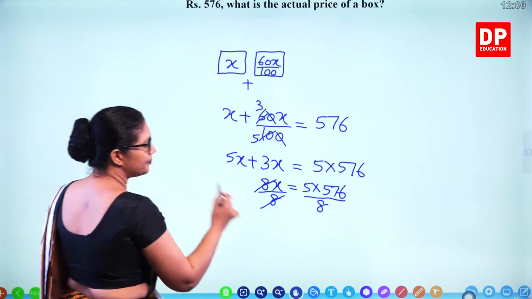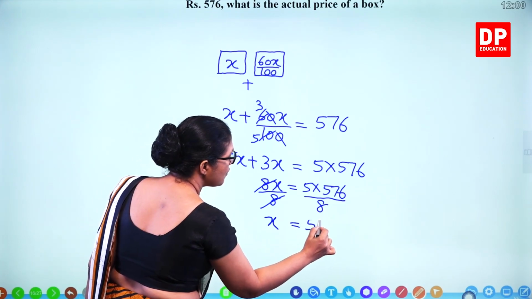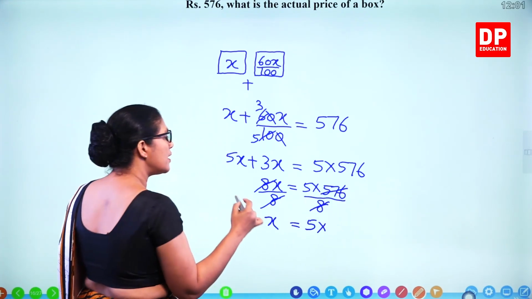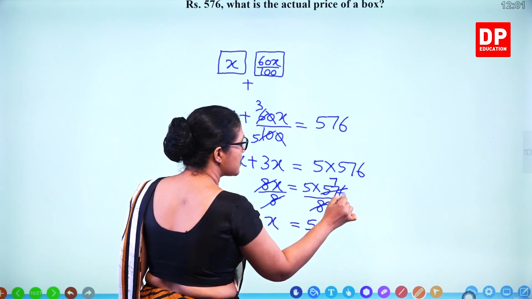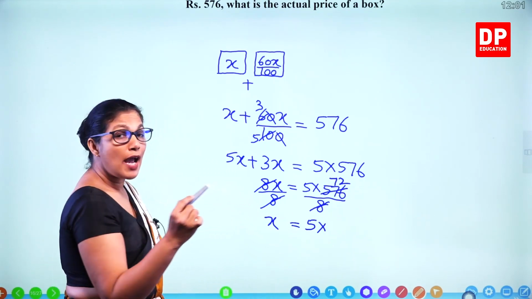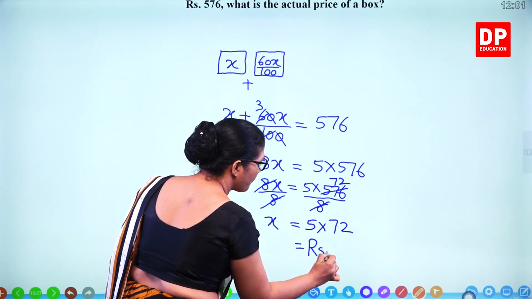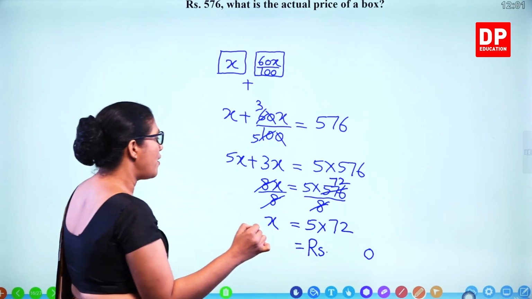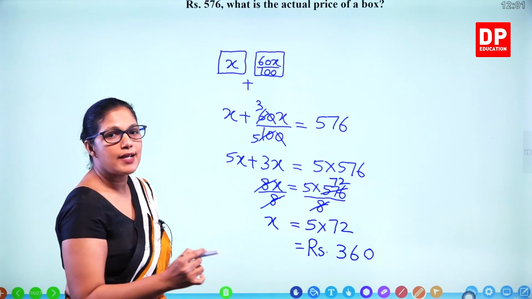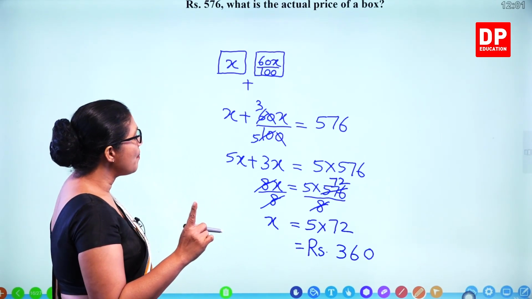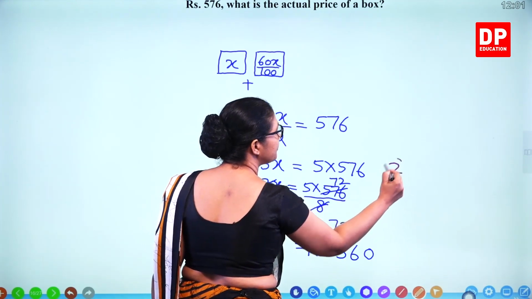What do you get? x becomes 5 times here. 8 times 7 is 56, and for 16, 8 times 2. So 5 times 72. What's the price? 5 times 2, 10. 1 remaining. 5 times 7, 35 plus 1, 36. So 360 rupees is the original price of the box. So you get 2 marks for that.